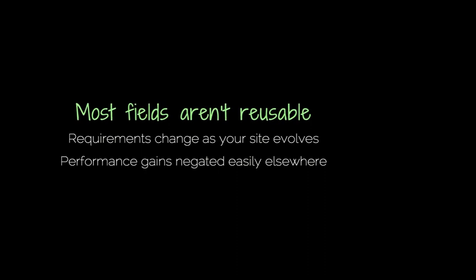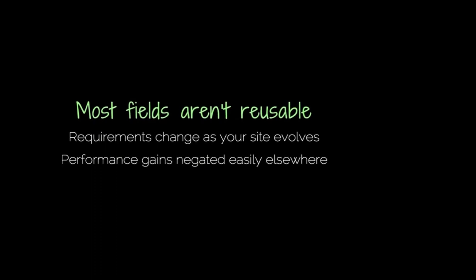In my experience, the only time that a field is really reusable is if it's an internal identifier, like an audit identifier or a content identifier that really exists inside your organization that does explicitly have to be the same across all content types. It's a very rare occurrence that you can actually reuse a field. It might take a few seconds longer to actually recreate a field that's very similar to another field somewhere else, but it will be worth it in the end.